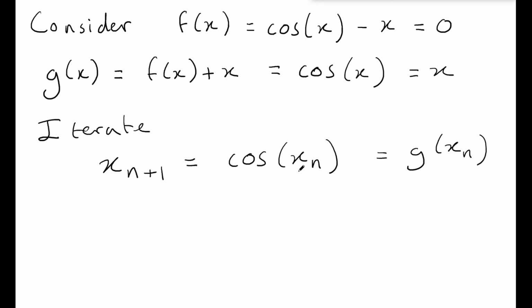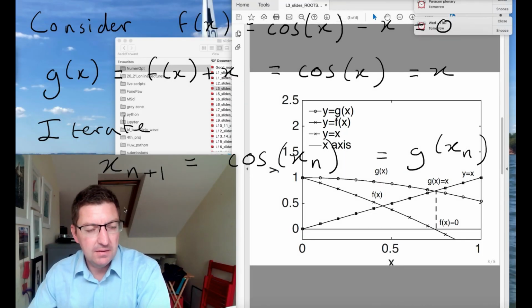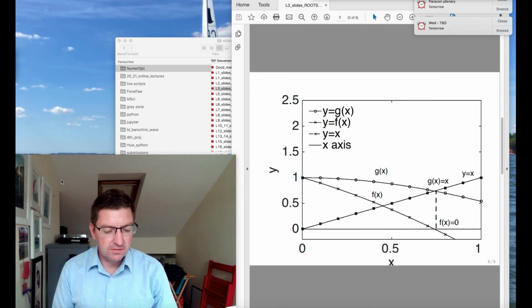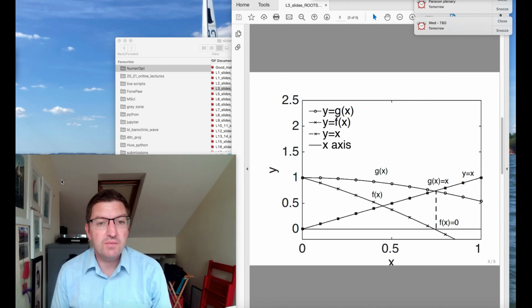And we iterate. And then beyond that, we want to look at the convergence properties of a fixed point. That's where we're going.